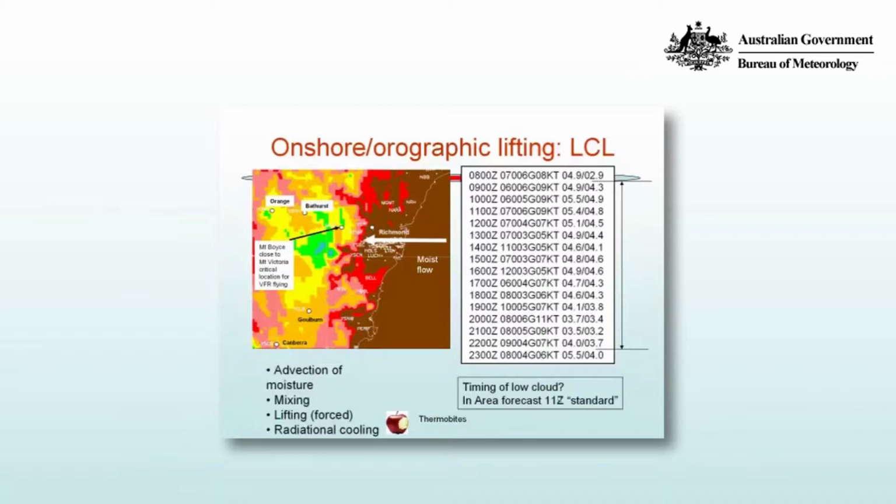What we have on the right hand side now is a sequence of metadata. So this is hourly reports from the automatic weather station. And you can see the mean direction of the wind is roughly easterly, and then you see the temperature on the left starting at 4.9 and the dew point temperature on the right of the slash starting at 2.9.